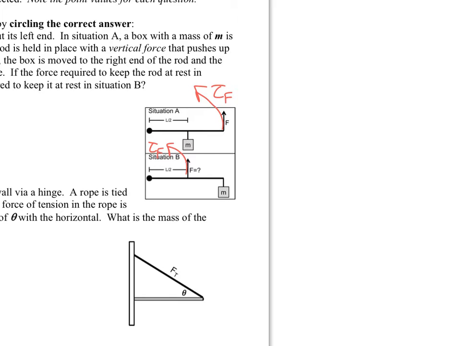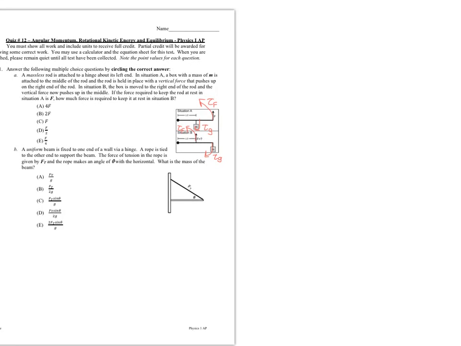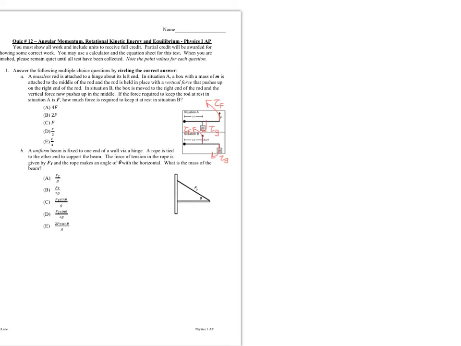It's providing a counterclockwise torque regardless, and the mass is providing a clockwise torque due to the force of gravity acting on the mass. So I'm going to set up sum of the torques equals I alpha in both situations, and use that to figure out how those two forces compare.